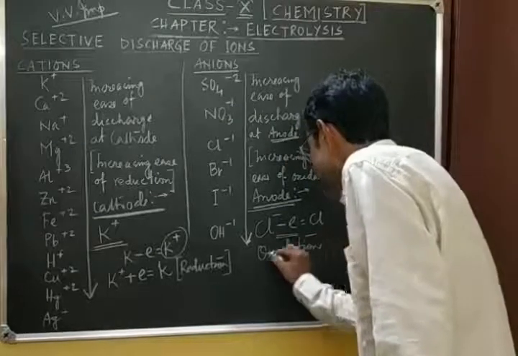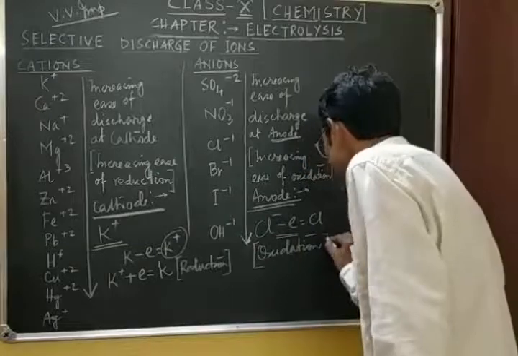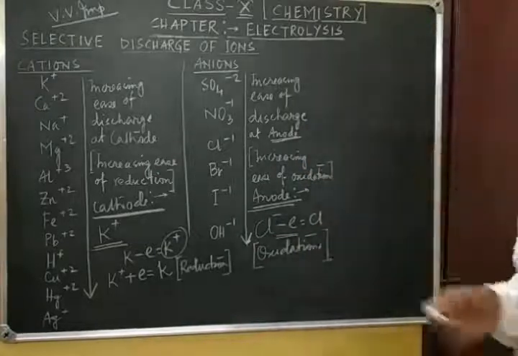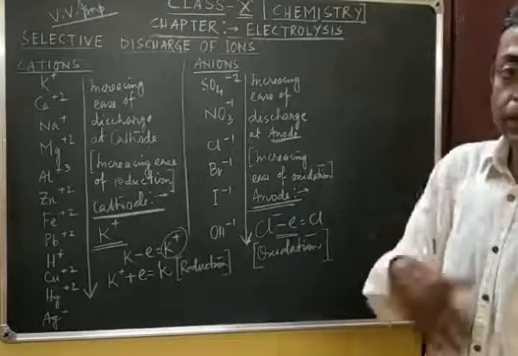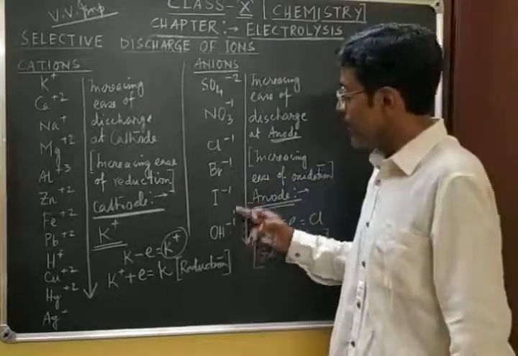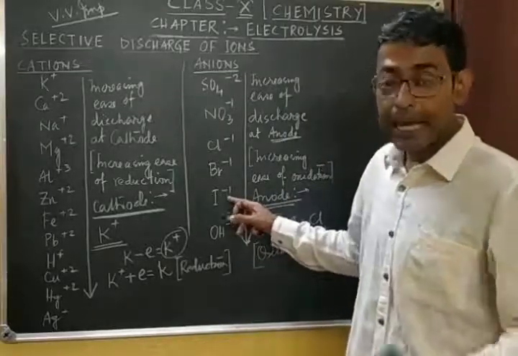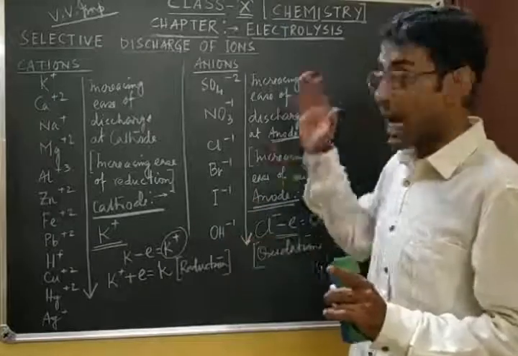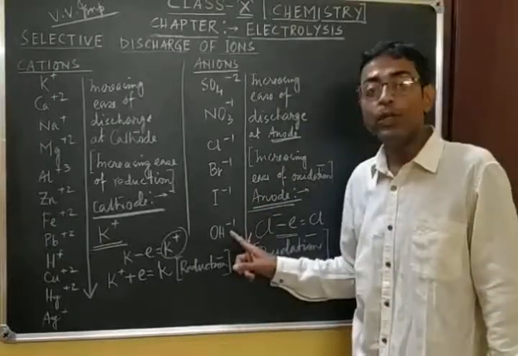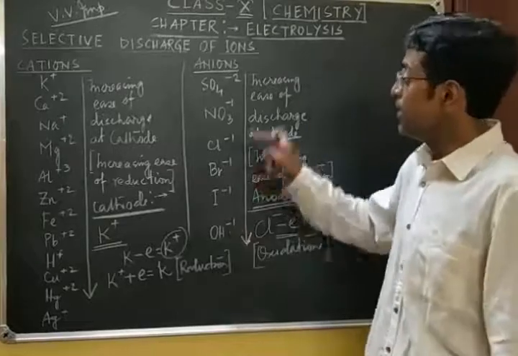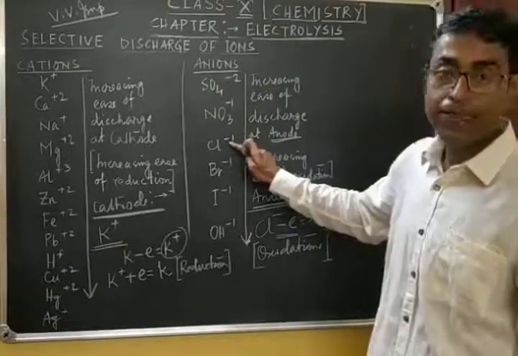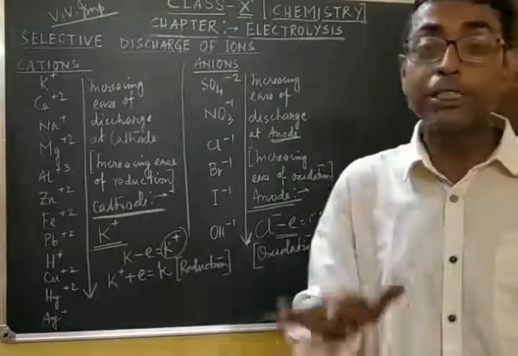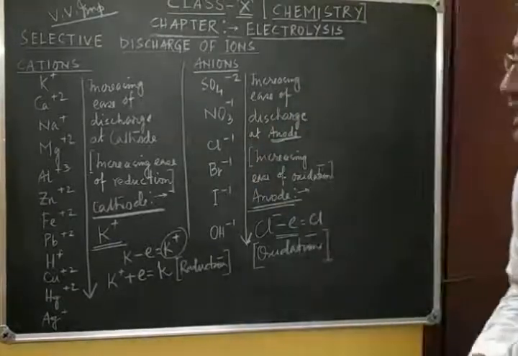To sum up, in this series, if there is an electrolyte where hydroxide and iodide are present as the anions, hydroxide will be liberated first. If sulfate and chloride are present, chloride will be liberated first, as it is placed lower in the series.